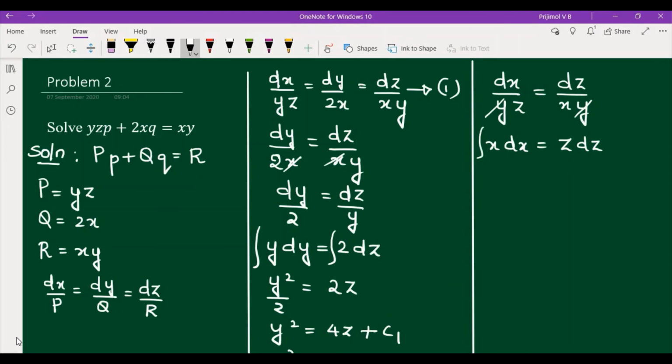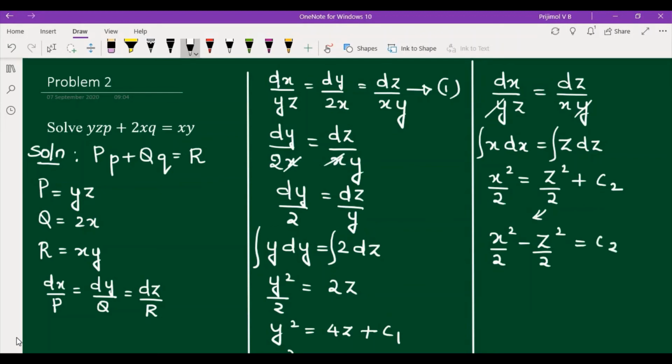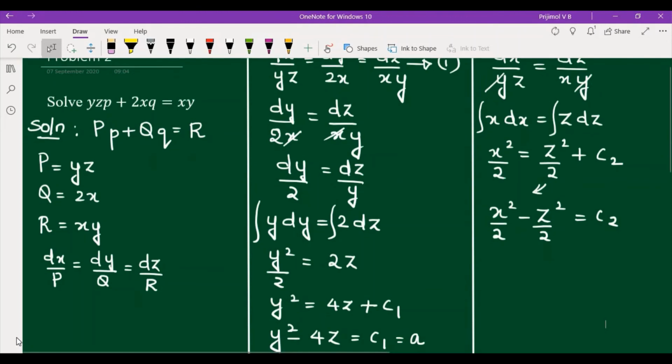So you integrate on both sides, you get x square by 2 equal to z square by 2, plus you can add another integrating constant, say c2. Now bring this term to the left hand side. So x square by 2 minus z square by 2 equal to c2. We have a common denominator, so I can write that as x square minus z square by 2 equal to c2.